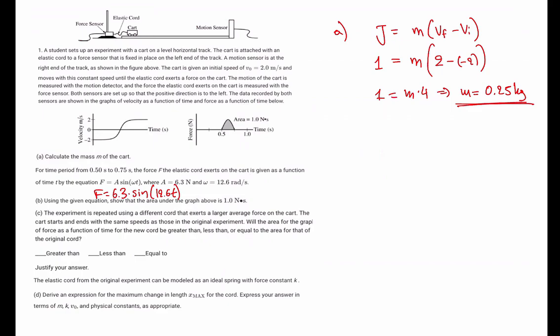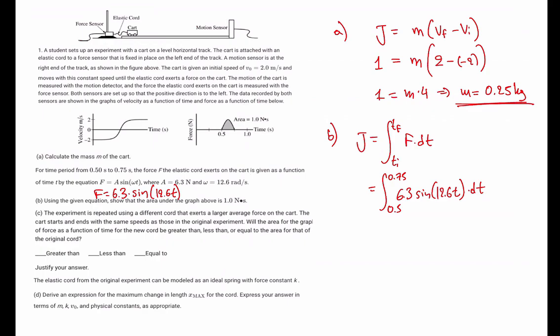We need to show that the area of the graph is 1 Newton times second, so we'll say that the impulse is equal to the area, but it is also the integral from time initial to time final of F dt. So the impulse is the integral from 0.5 to 0.75 of 6.3 sine of 12.6 t dt, and all we need to do is enter this in the calculator, and I'm quite sure we'll find something.